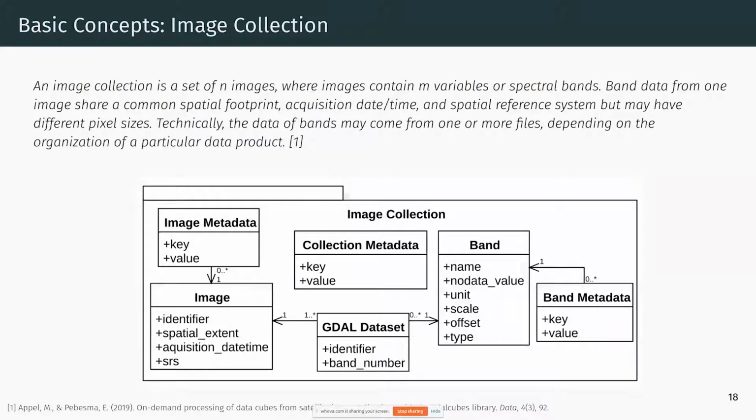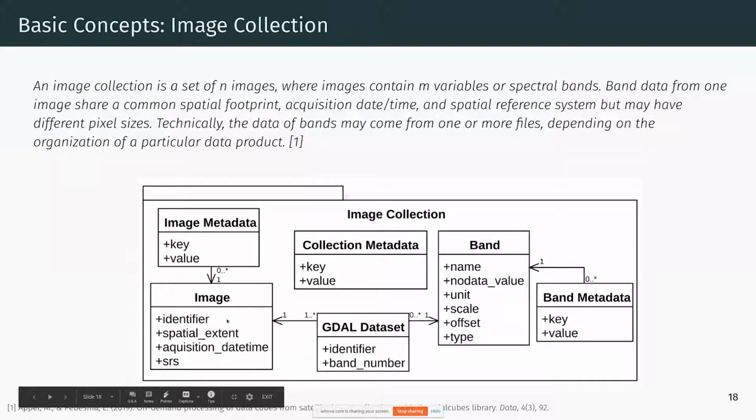Okay, I'd like to introduce some basic concepts of the library. One is the concept of the image collection, and that is a data model for satellite image collections. And that looks like this. So we have images, and one image has an identifier, just a name, a spatial extent, acquisition date time, and a spatial reference system.